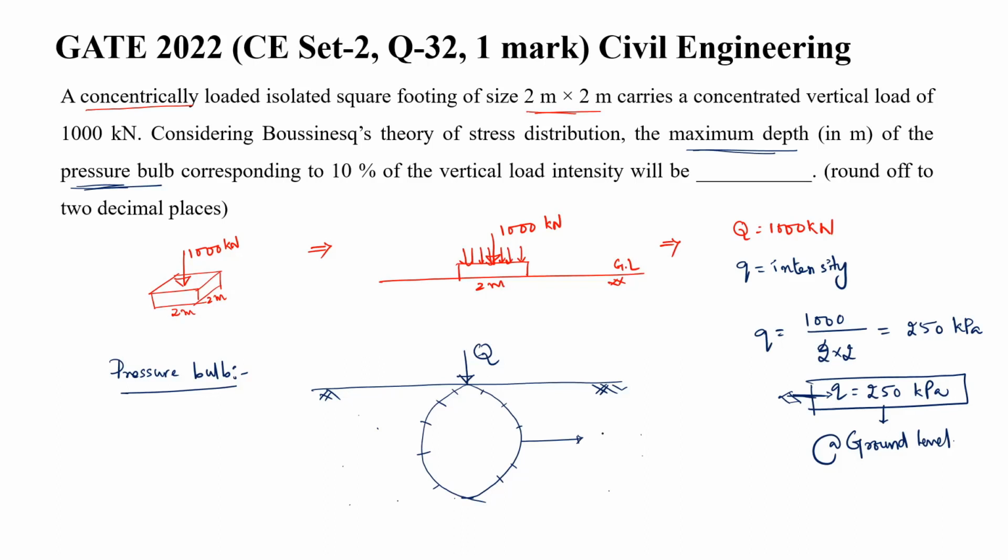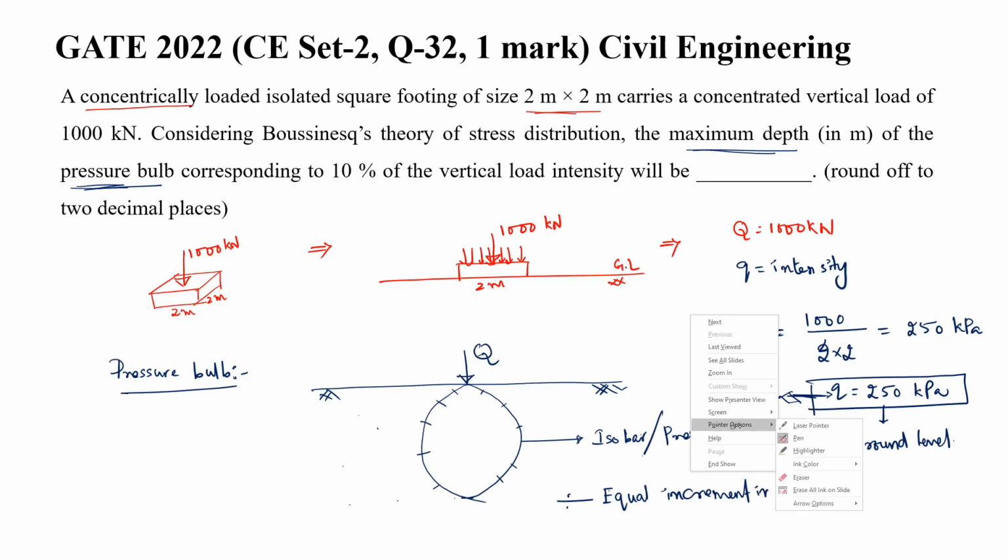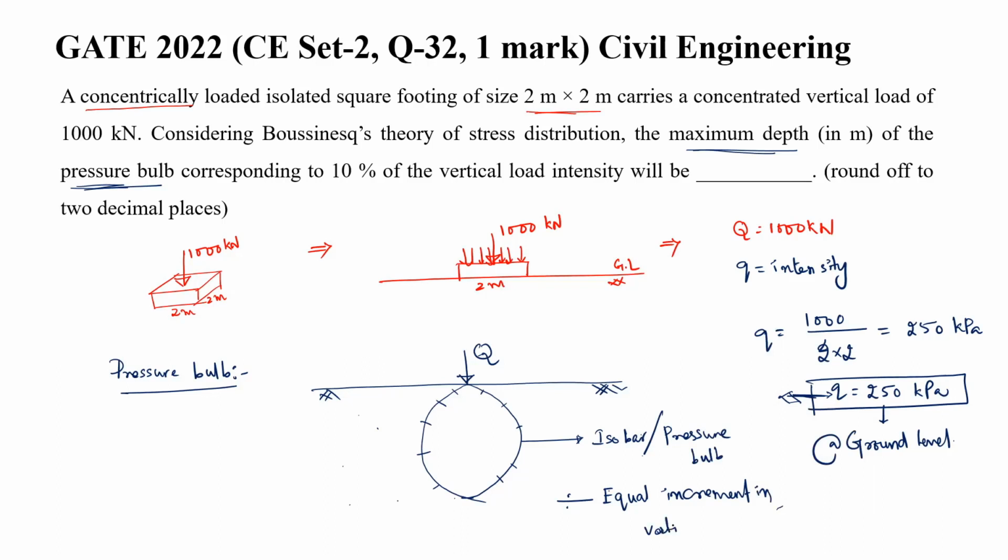This is also called an isobar or pressure bulb, which represents equal increment in vertical stress.